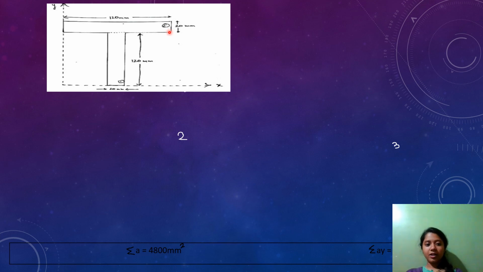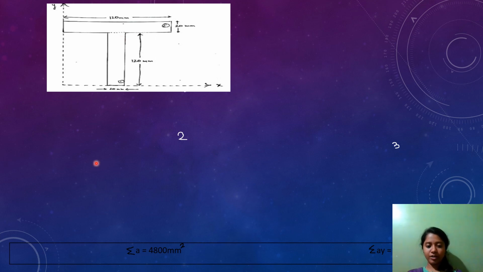So since the given figure is symmetrical about y-axis, the centroidal distance from y-axis is total width, that is 120 divided by 2. We get 60 mm, and the distance of centroid from y-axis is represented as x bar.